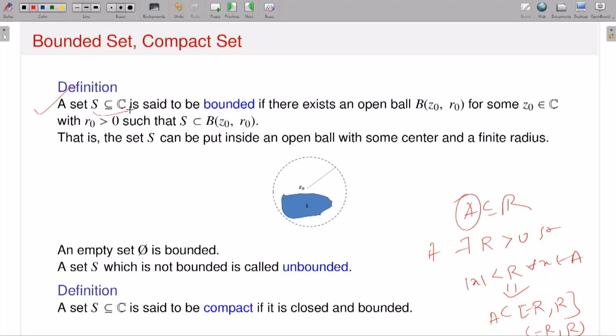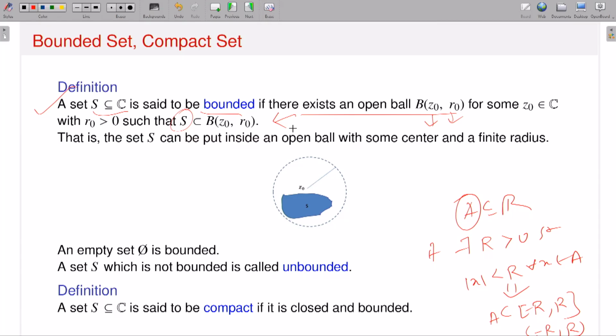Now the same concept you can extend to the complex plane, because the open interval is replaced by an open ball or open disk. So a set S subset of the complex plane is said to be bounded if there exists an open ball with some center Z0 and finite radius R0 such that my set is fully contained in it.